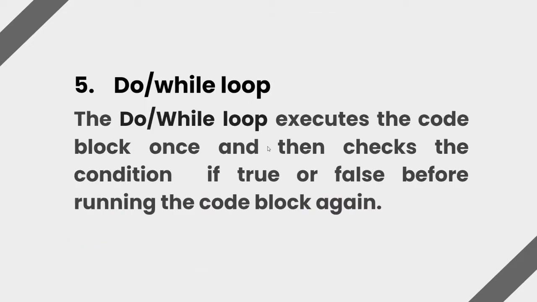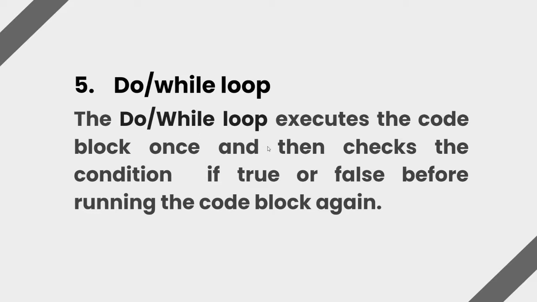Lastly, we have the do while loop. Now, the do while loop is a little bit different from the while loop, and this is because the do while loop executes the code block once and then checks the condition, true or false, before running the code block again.